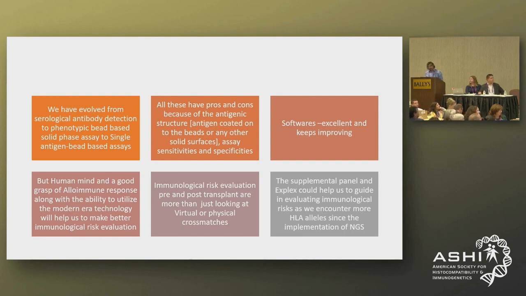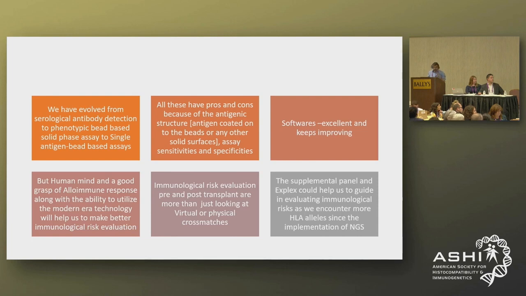And then we went from there to current technological advancement, where we can now refine the antibody responses and make sound judgment to a certain extent in evaluating immunological risks associated with transplantation.